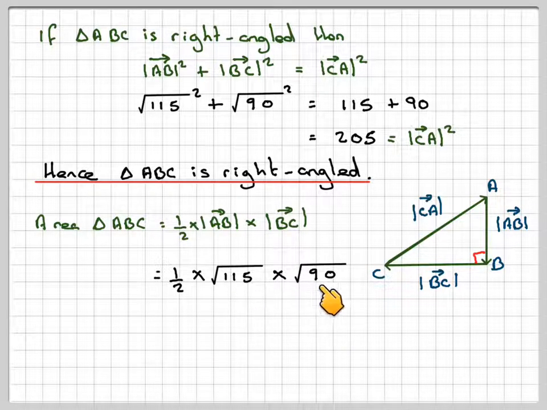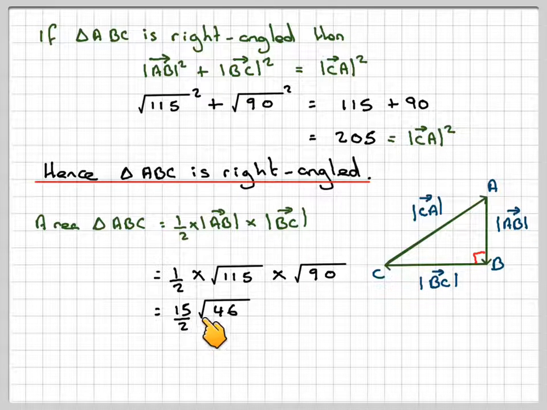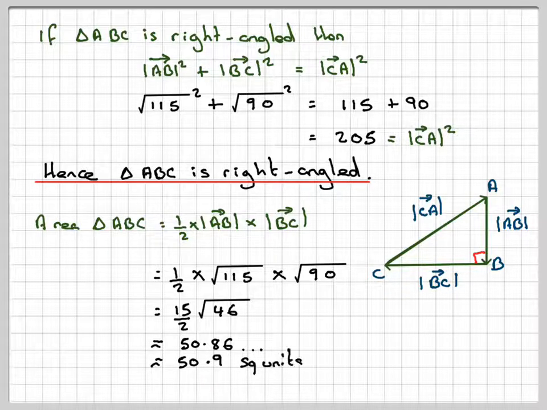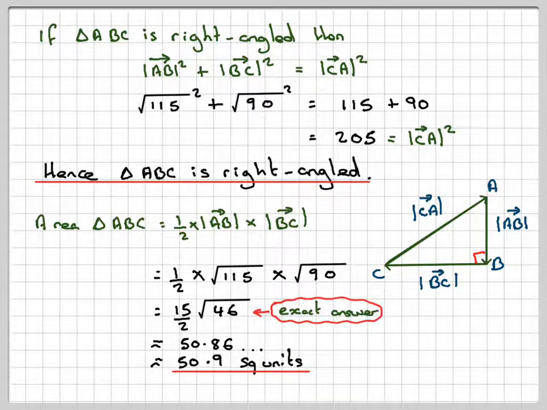If you do these in exact form on your calculator, it's going to give you 15 root 46. Then you have to divide it by 2 because you want a half of it, which is 50.86, which is approximately equal to 50.9 square units, although the exact answer is probably better.